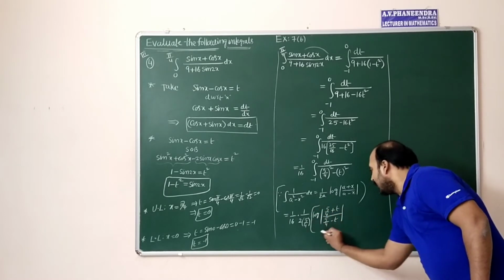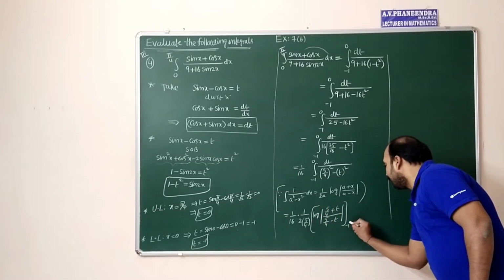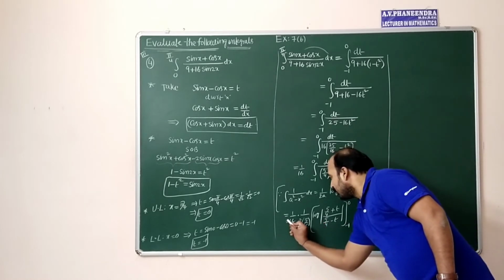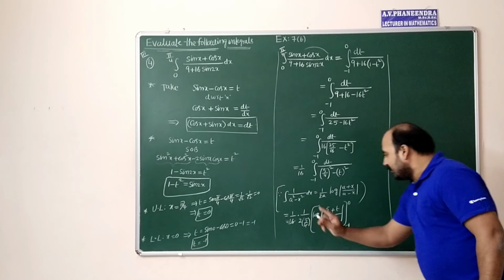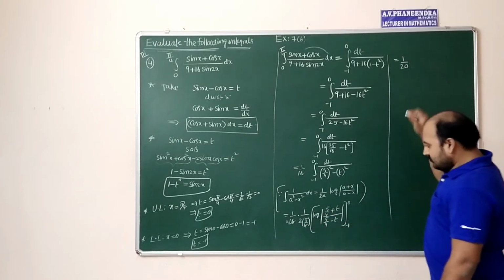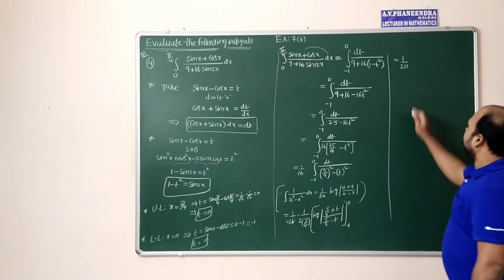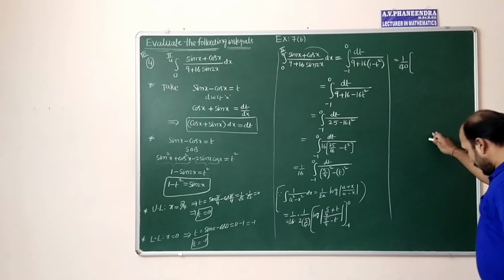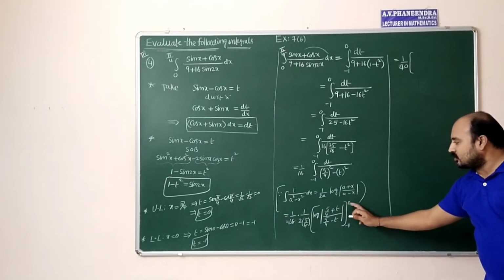For this you have to apply the limits minus 1 to 0. So here 4 ones are 4, 4 fours are 16. 4 into 2, 8, 8 into 5 is 40. So which is equal to 1 by 40. Log mod, first in place of t, upper limit you have to substitute 0.